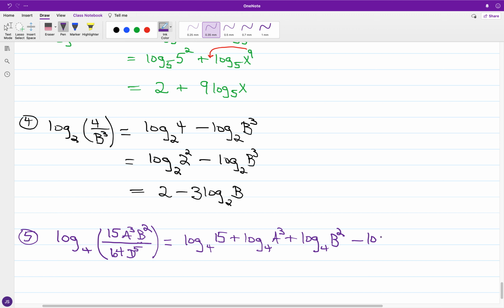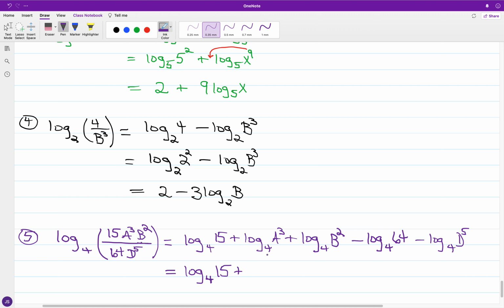So we have minus the base 4 logarithm of 64, minus the base 4 logarithm of d to the fifth. And if you notice with the first term, 15 is not even a multiple or integer power of 4, so that is already in simplified terms.